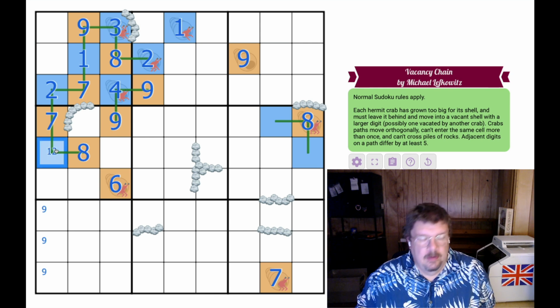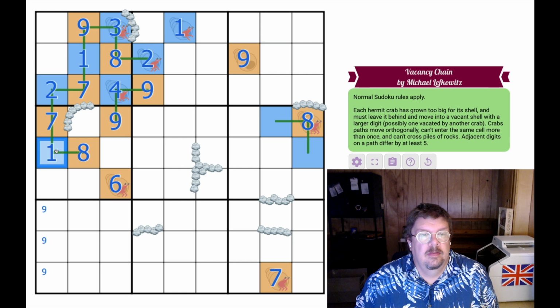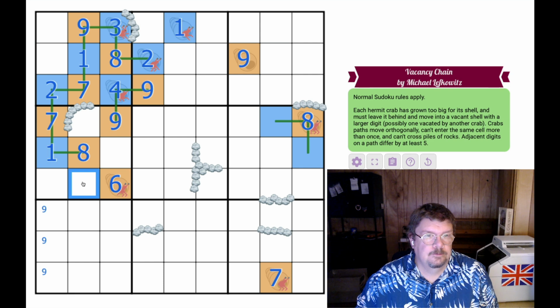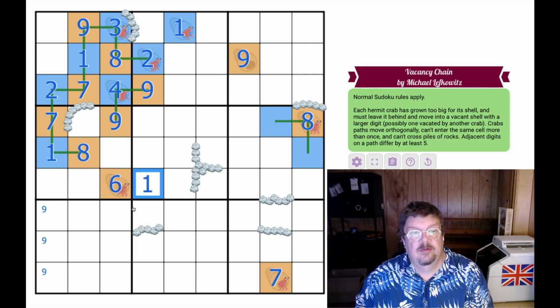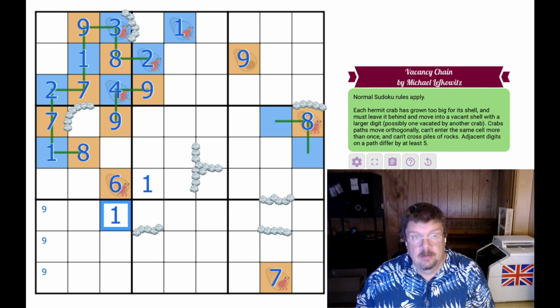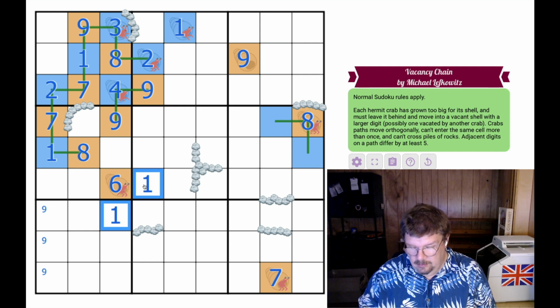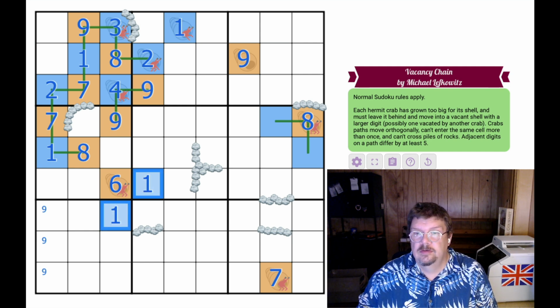We can now put a 1 there. Okay. This can no longer be a 1. That can't be a 1. So that's a 1 and that's a 1. And those are both low digits. And our path goes like this.